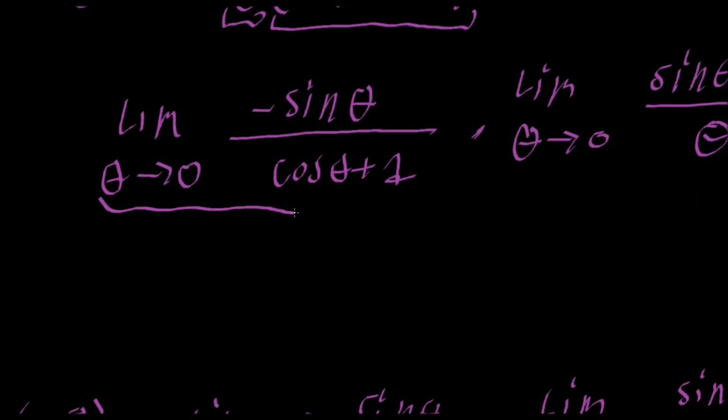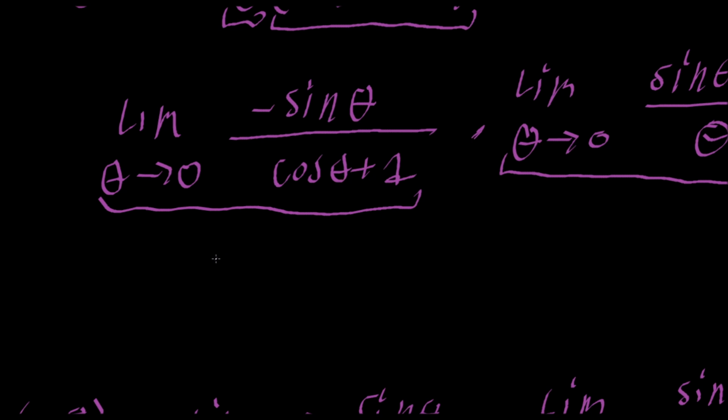For this limit, we're fine with just plugging in a 0 because it's not undefined, and we've already established that this thing was equal to 1. So this entire thing is just equal to, sine of 0 is 0, cosine of 0 is 1, and 1 is just 1.